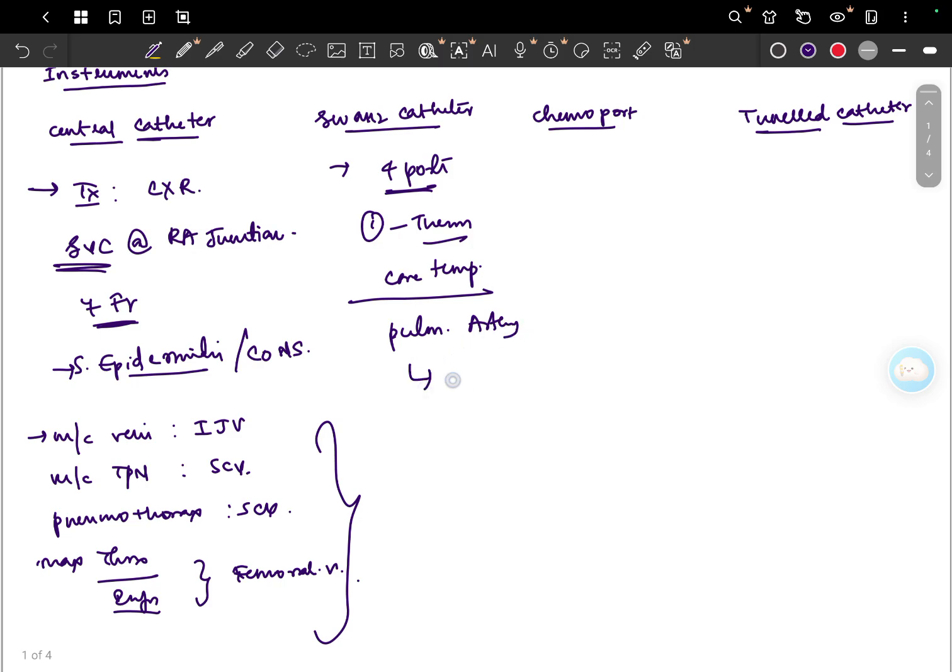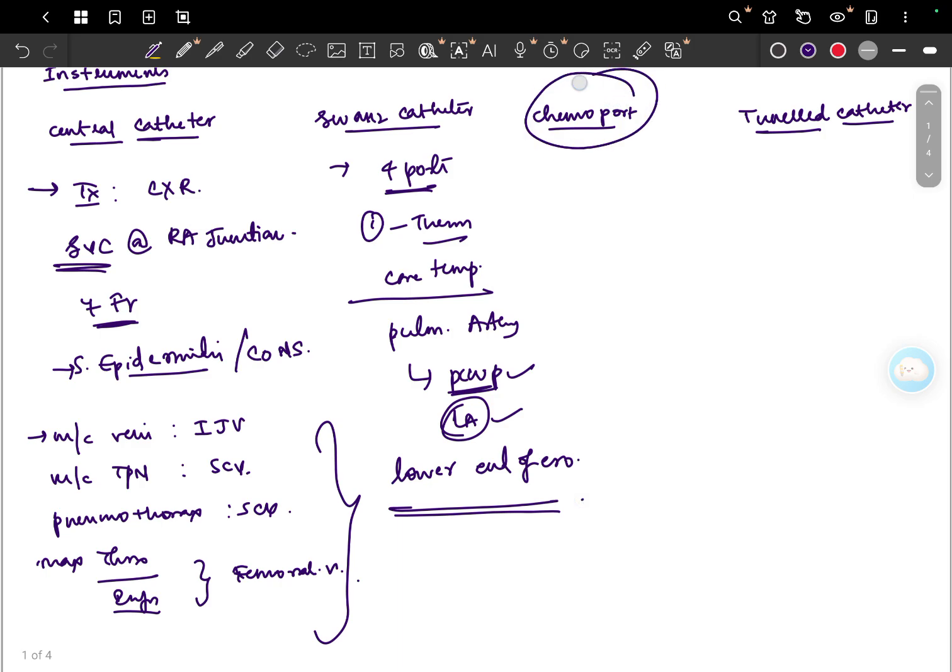As a result, we'll get the pulmonary capillary wedge pressure, and we can indirectly measure left atrial pressure also. Most commonly, the lower end of the esophagus is used to insert this. So this is about the Swan-Ganz catheter.